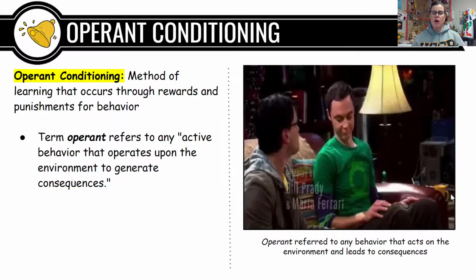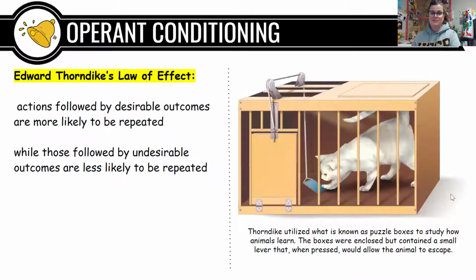That's really kind of complicated, but if you can remember the keywords rewards and punishments, because that's what this is all based upon. And I have some really good clips that we'll look at in class and do some fun activities and definitely some practice.